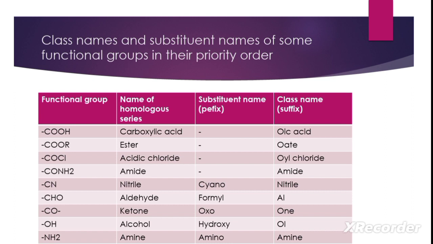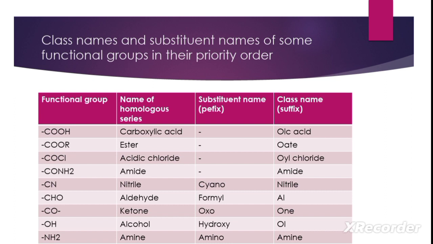That means if two substituent groups are there in a hydrocarbon, we have to give priority to the upper classes first. So in nomenclature, we have to consider this priority. So remember them in order.